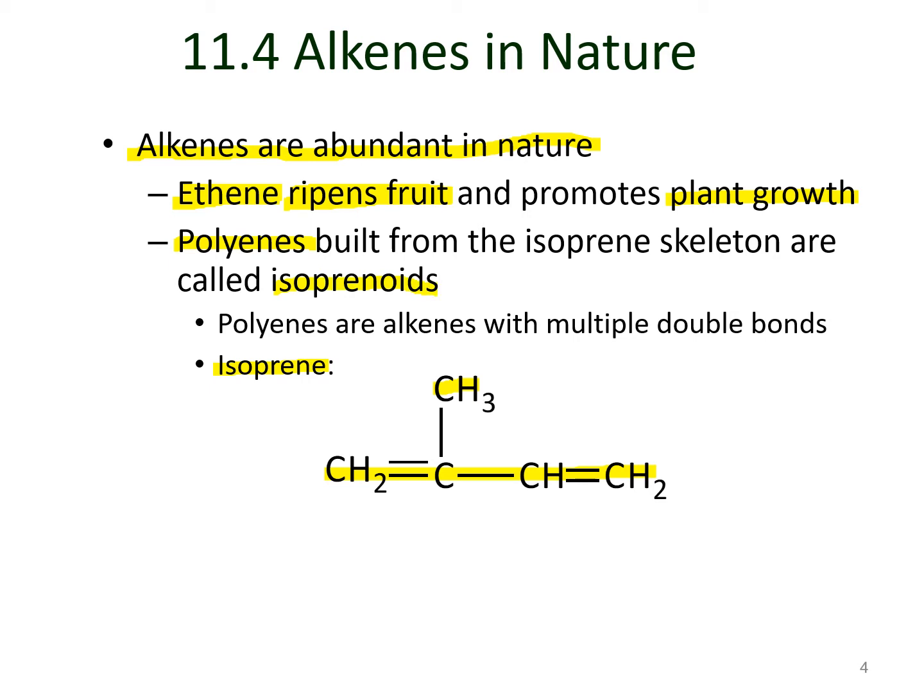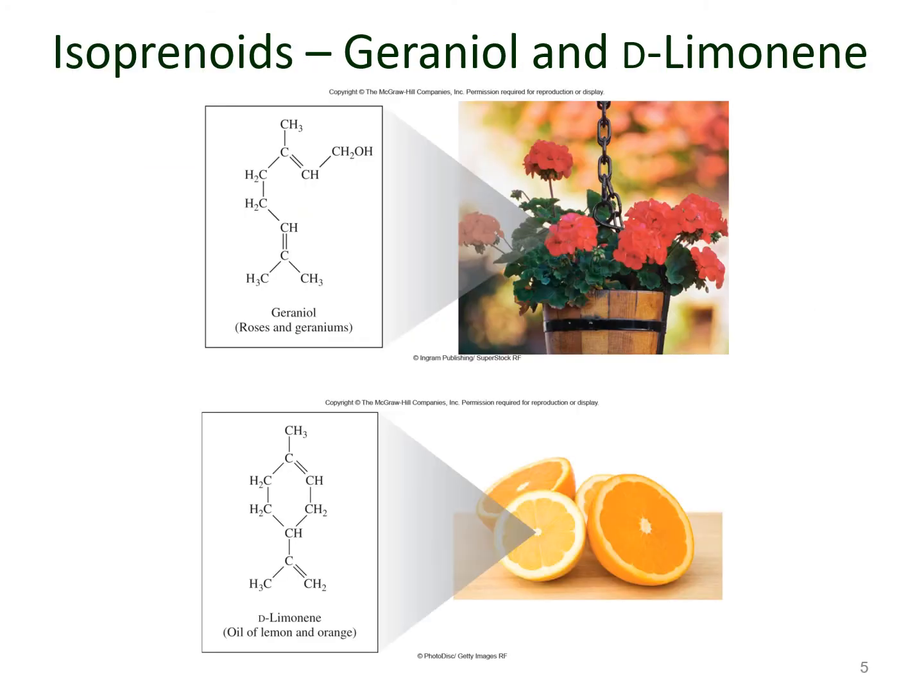This one isoprene is considered, you can say, a monomer unit. Many of these can join together to give us polyenes, meaning many isoprenes join together to make big structures. These isoprenoids are found in nature abundantly.